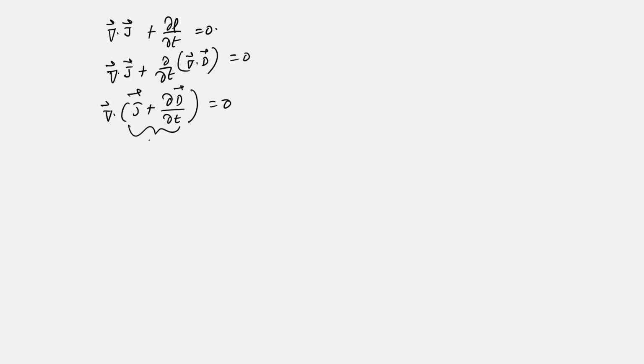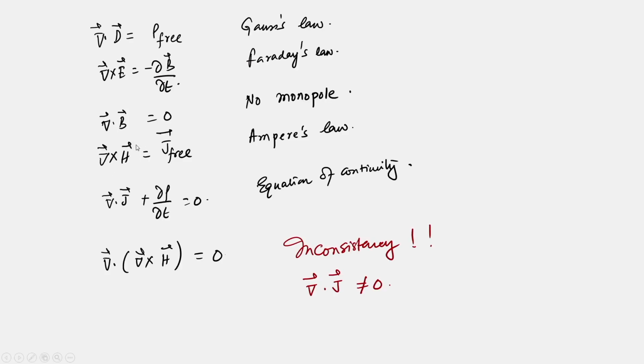In Ampere's law, the J that you saw in this fourth equation has to be replaced by not just J, but J plus ∂D/∂t.